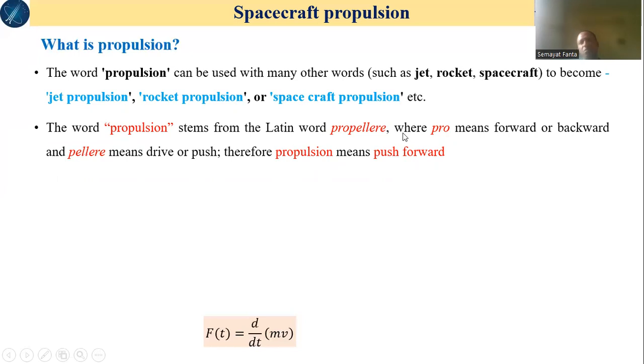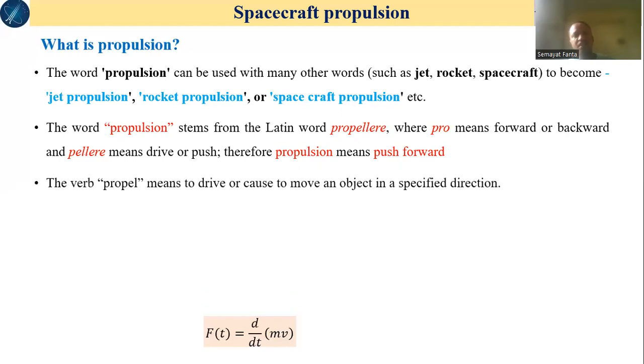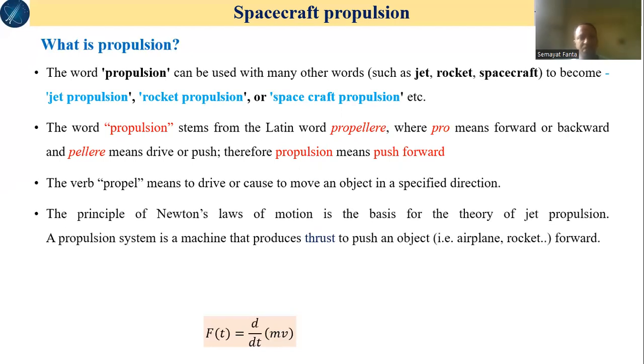Propel means drive or push forward. Therefore, propulsion means push forward. So the force which pushes the vehicle forward is called propulsion.